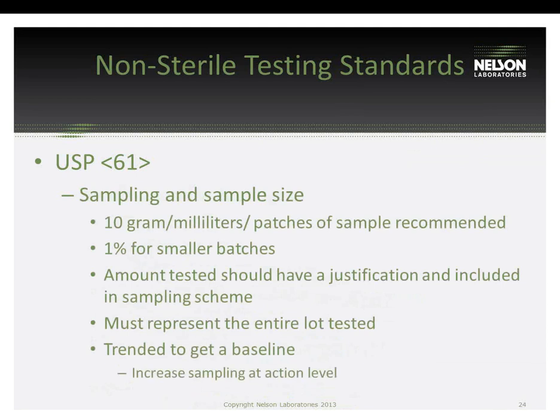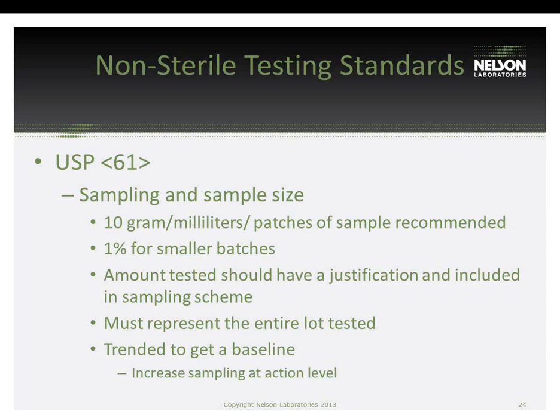USP outlines the requirements for sampling and sampling size. Generally 10 grams, milliliters, or patches are recommended, unless there's a smaller batch, for example, an API that only has 100 grams. 10 grams is going to be far too much to actually test.